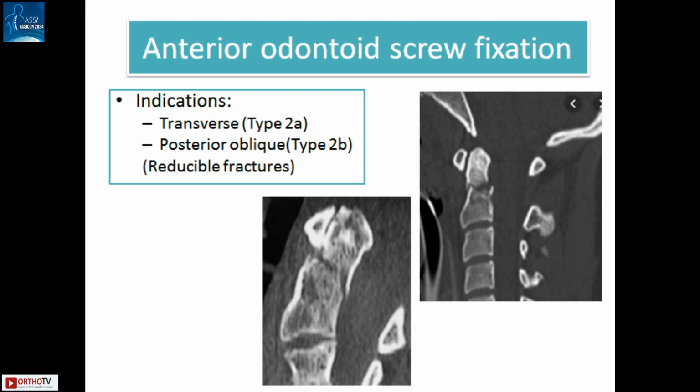Therefore, 2A, that is a transverse fracture, and the posterior oblique 2B are usually an indication for anterior odontoid screw fixation. Having said that, we should also remember that there are other important contraindications.